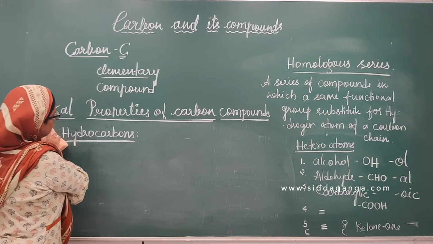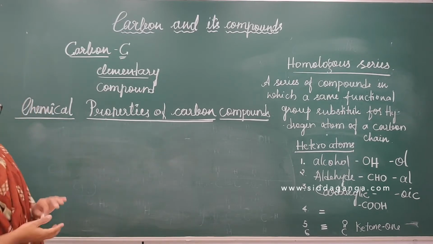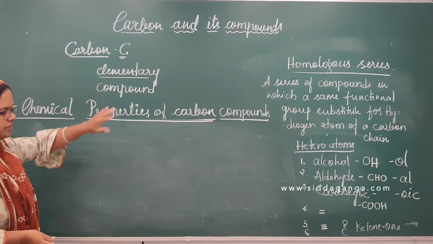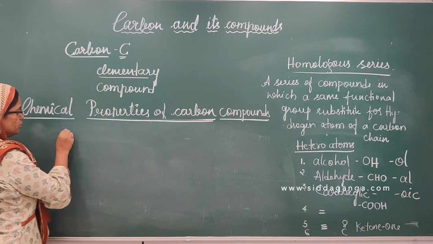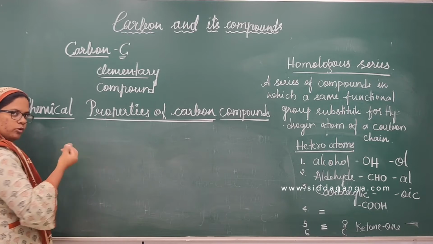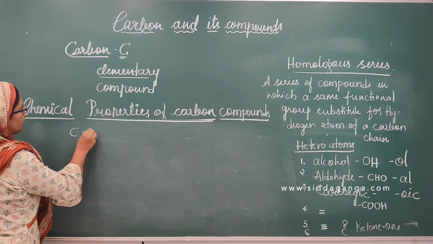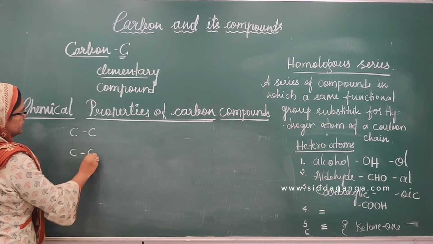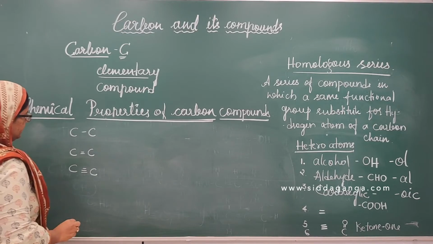Along with that, I want to say one important concept here before going to the chemical properties of different compounds. As we discussed about homologous series, we have taken compounds with single, double and triple bonds between the carbon atoms.